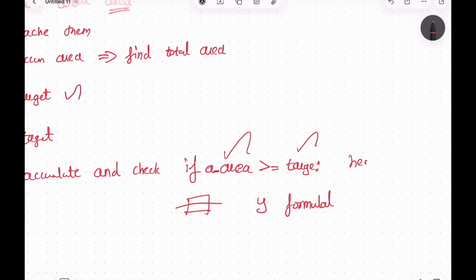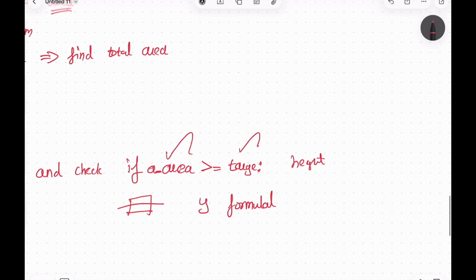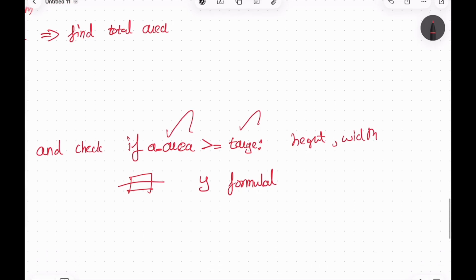You have height, and you have width also accumulated with this cached area. So let me write down the formula. The y formula is equal to height minus (area minus target) by width. So you substitute this, you get the y value, and you return it.